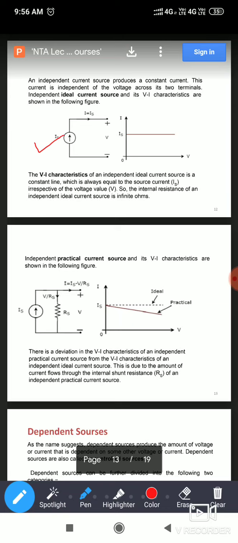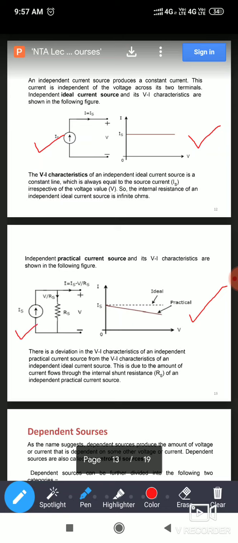This is the ideal current source, and its graph. For the ideal current source, if you observe, the graph remains constant. Whereas for the practical current source, the graph is tilted. Why is it happening?